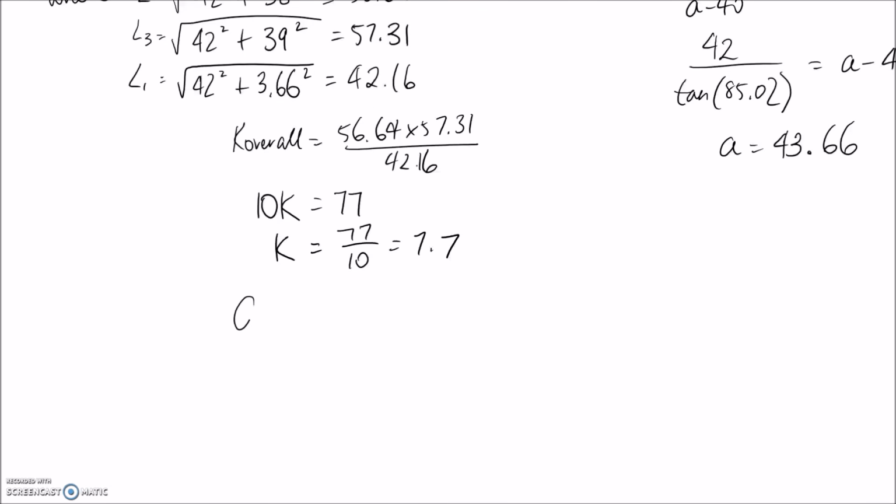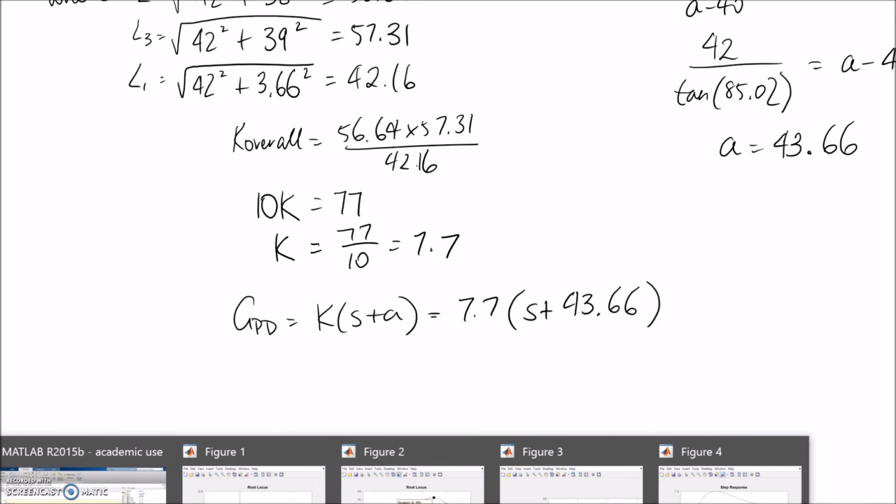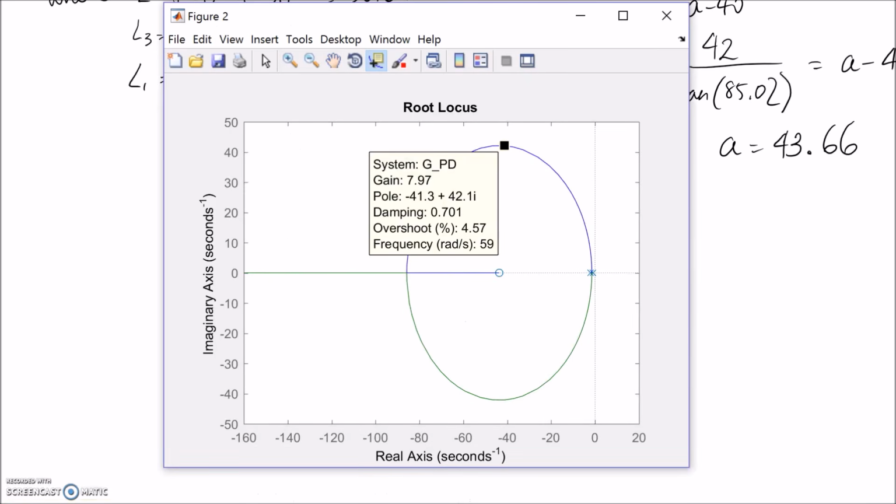That means that the PD part of our controller, which was ks plus a, is going to be 7.7s plus 43.66. That now concludes step 3 of our procedure. If we want to, we can double check from before.